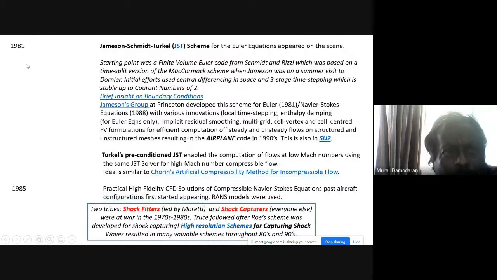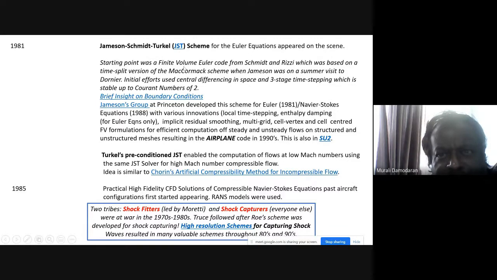In 1981, the JST scheme appeared on the scene, and that basically changed the way in which compressible Navier-Stokes is being solved. The starting point of that method was a summer visit to Ricci in KTH. Ricci was using a MacCormack scheme at that time.